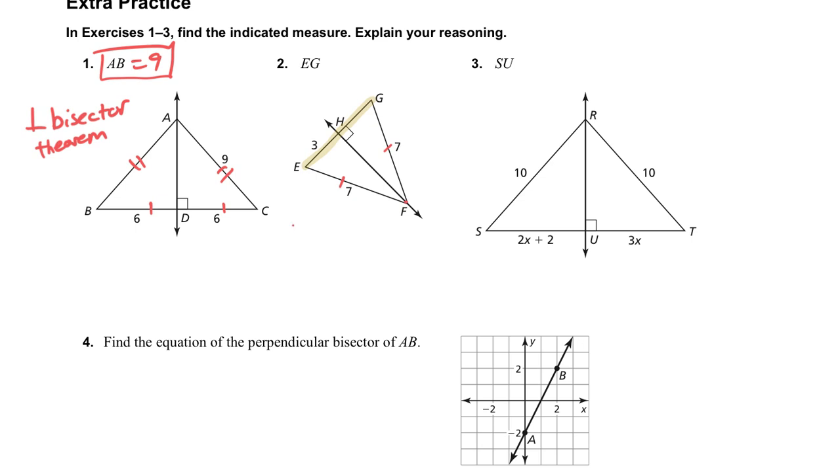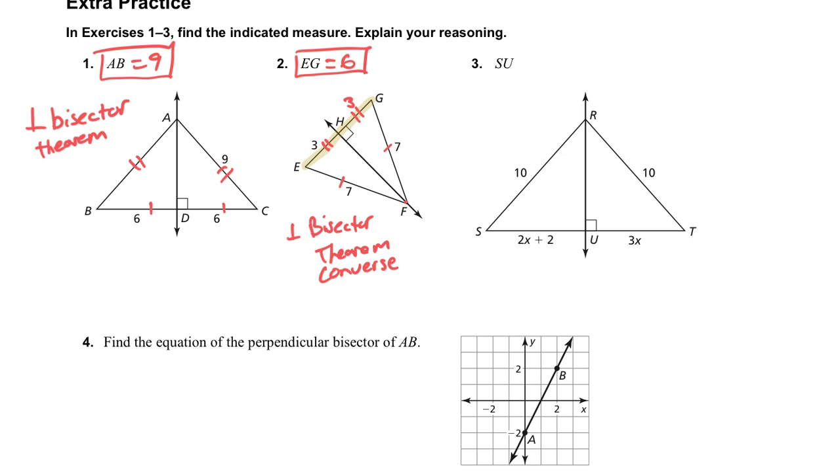So this is the perpendicular bisector theorem, but it's the converse, sorry, the converse of the perpendicular bisector theorem, which says then these two segments, EH and HG, are going to be congruent. So if that's the case, HG is 3. But if I want EG, our segment addition postulate says 3 plus 3 equals 6.